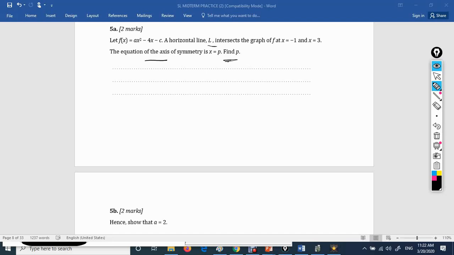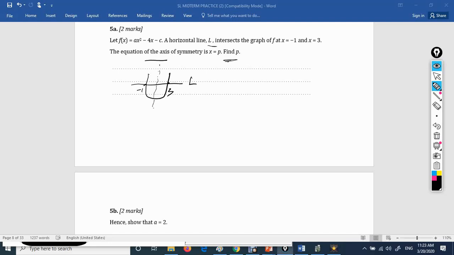Okay, it's an axis of symmetry question. Now let's assume that this is what the quadratic function would look like, and this is what the line L would look like. So the equation of the axis of symmetry is the one that gives us the line that goes through the very middle of the quadratic function. So if this is line L, that means that x equals 3 here, and x equals -1.